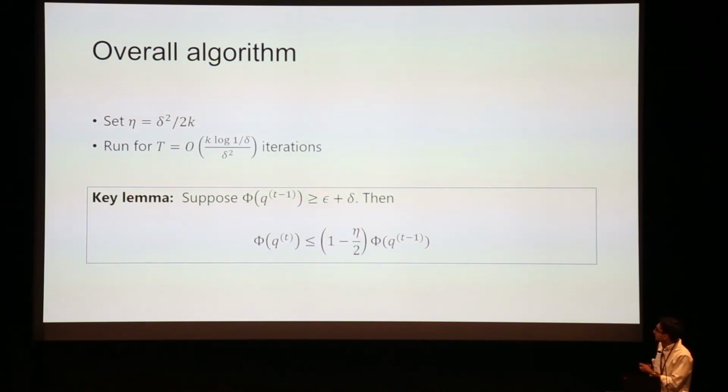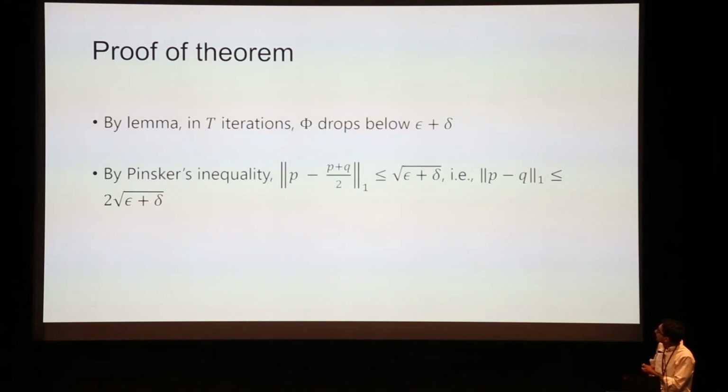Okay? So this is the main claim that we show. And note that once we show this, we are kind of done, because the fact that the potential drops in every step means that after a certain number of iterations, phi has to drop below epsilon plus delta. Okay, so this is pretty easy to show.